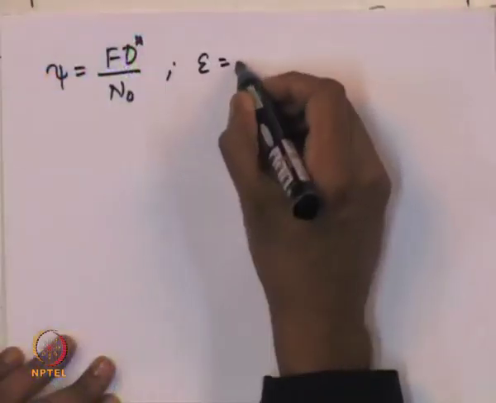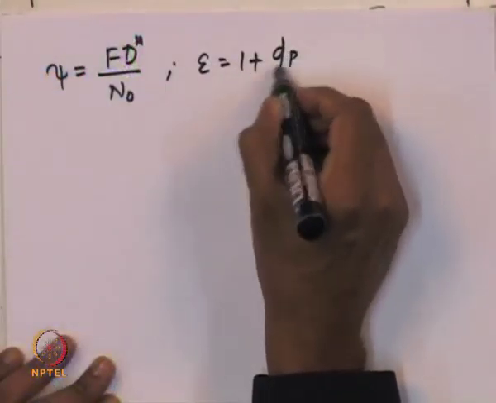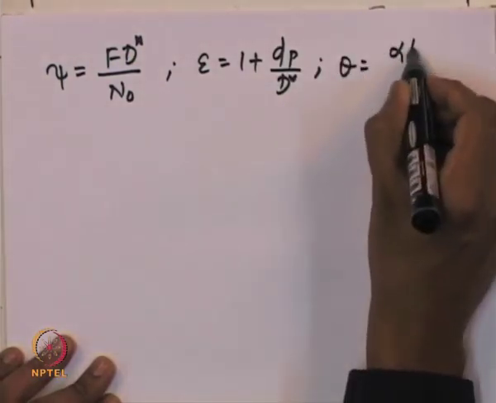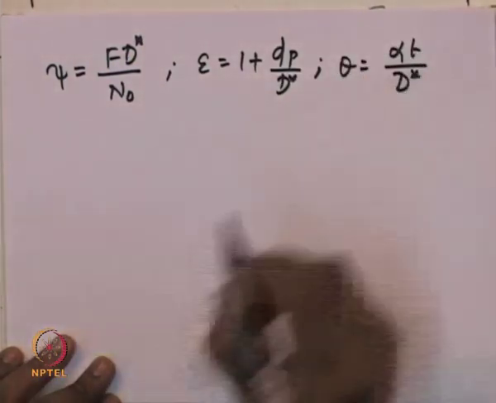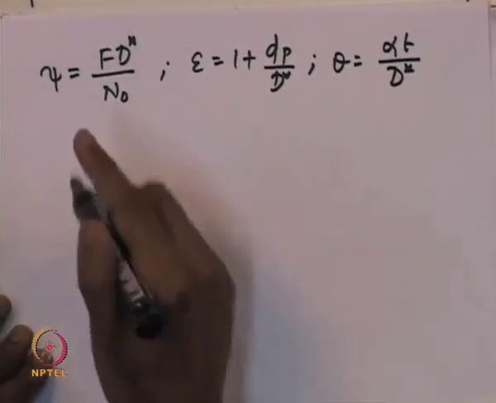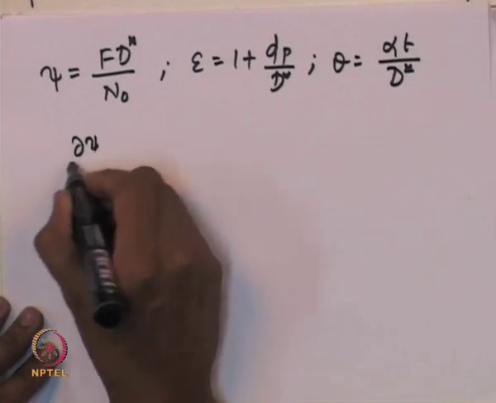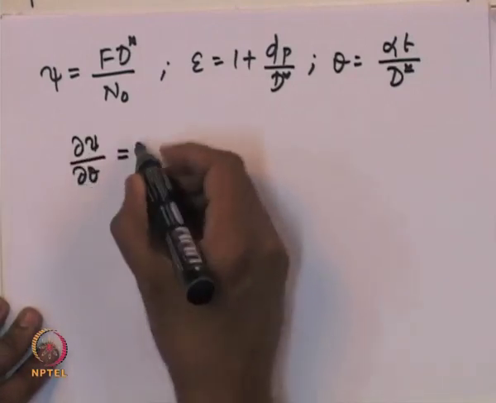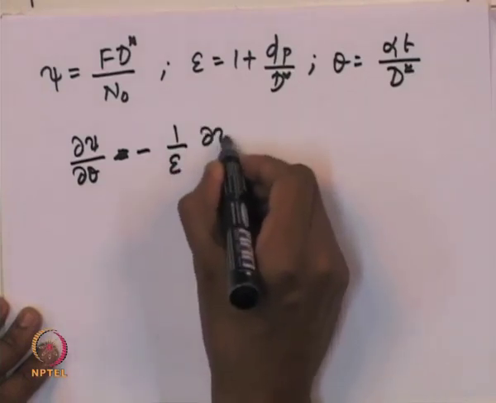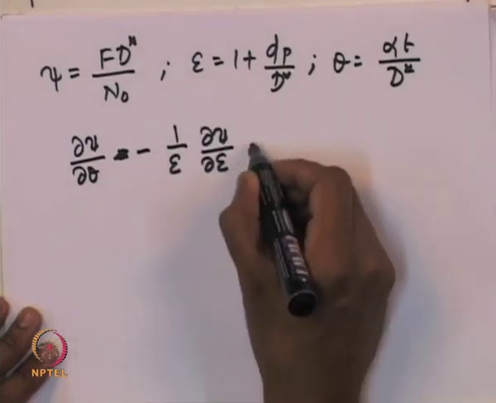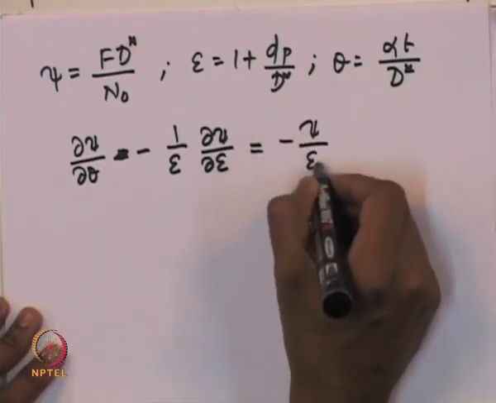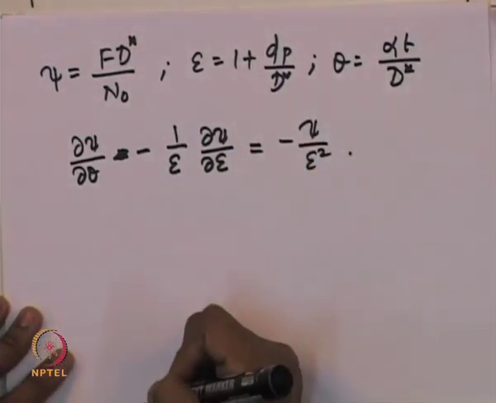Then epsilon is defined as 1 plus dp by d star, and theta is defined as alpha into t by d star. So, now if we introduce these dimensionless quantities, we can rewrite the population balance as d psi by d theta minus 1 by epsilon into d psi by d epsilon is equal to minus psi by epsilon square. So, that is the expression.